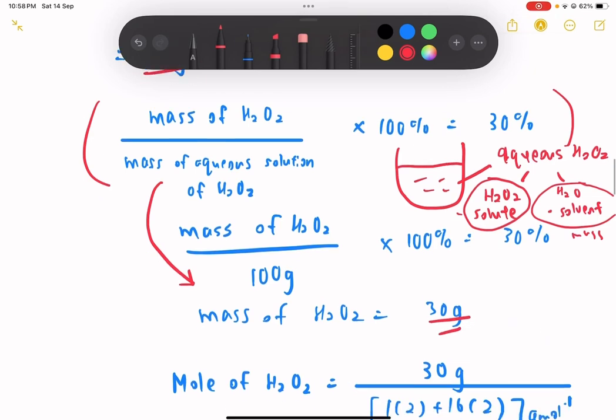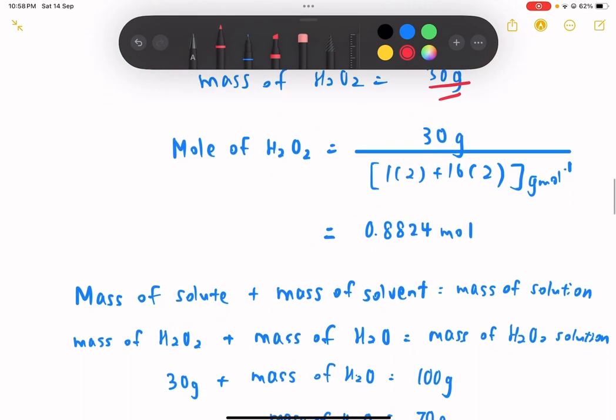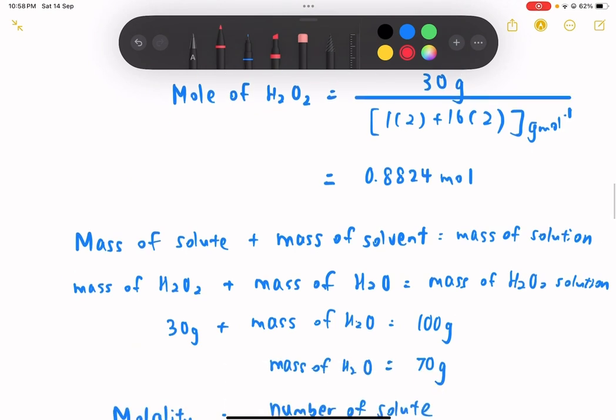Then after that, we can find the mass of solvent. Mass of solute plus mass of solvent equals mass of solution. So mass of H2O2 plus mass of H2O equals mass of H2O2 solution. So 30 gram plus mass of H2O, which is the unknown, the thing that we need to find, equals 100 gram. Then mass of H2O is equal to 70 gram, which is the mass of solvent.